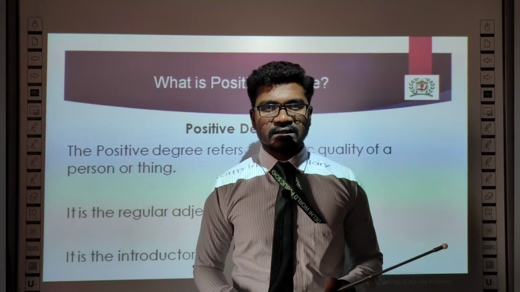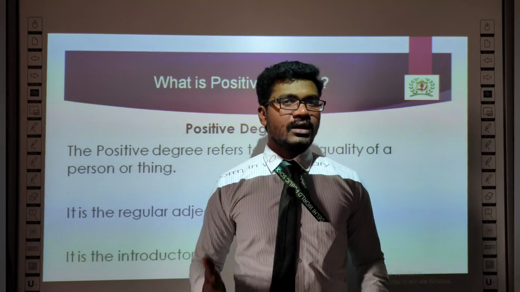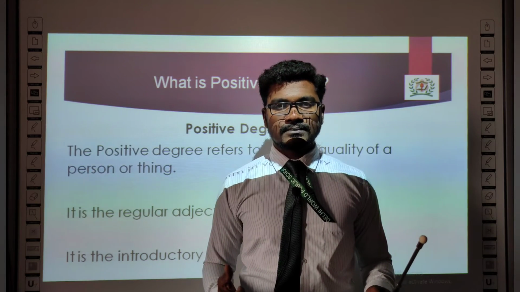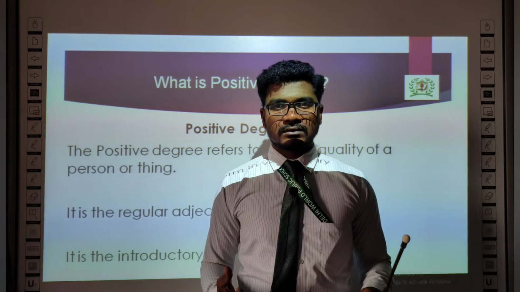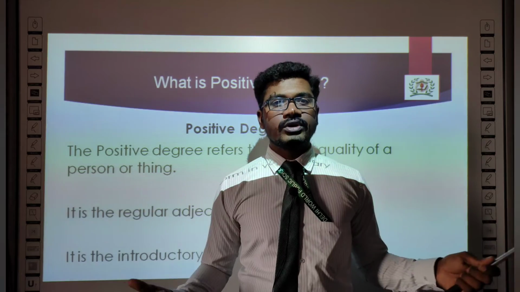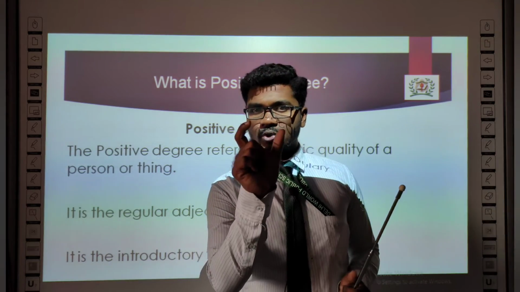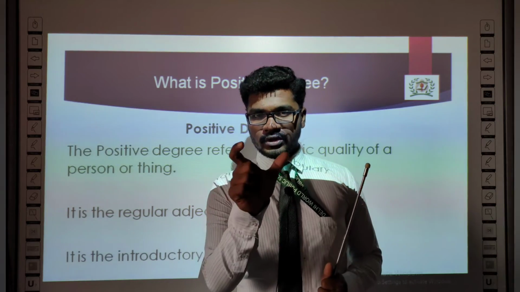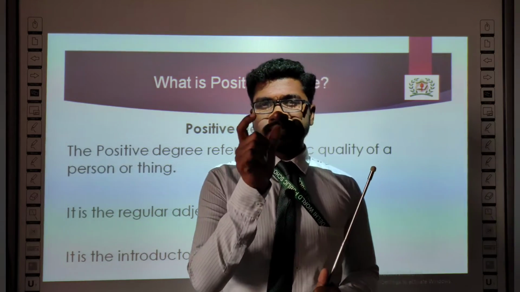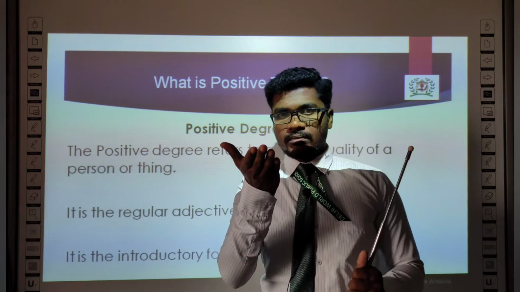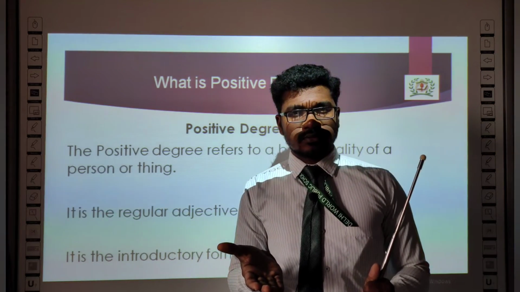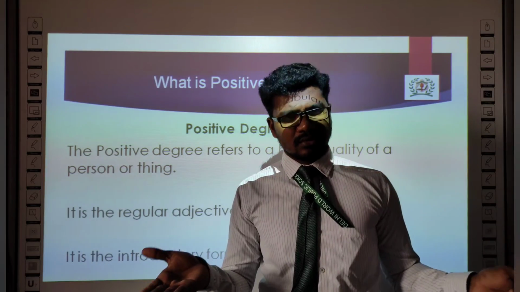You know what an adjective is? Adjective means the word which qualifies the noun. Example: he is a good boy. Here good is the adjective, right? Good is the base form. Beneath good we cannot go.